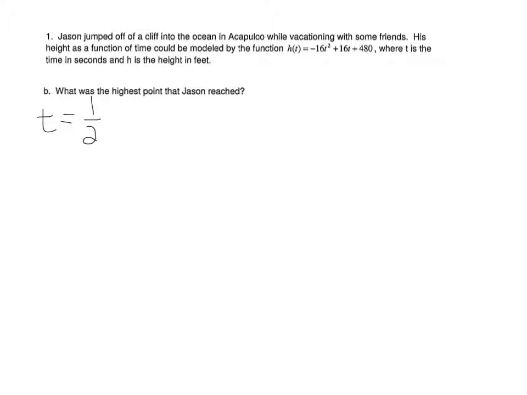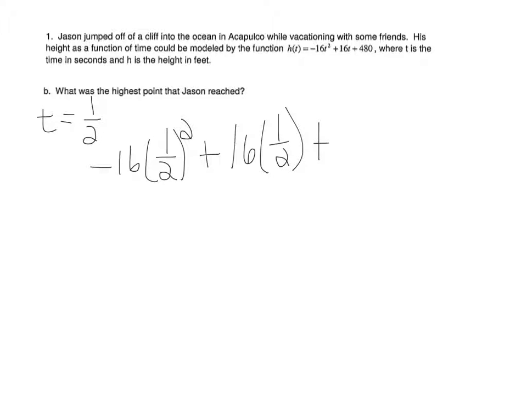So I'm going to take this 1/2 here, and I'm going to actually plug it back into my equation and solve it out that way. So I have negative 16 times 1/2 squared, plus 16 times 1/2, and then plus 480.